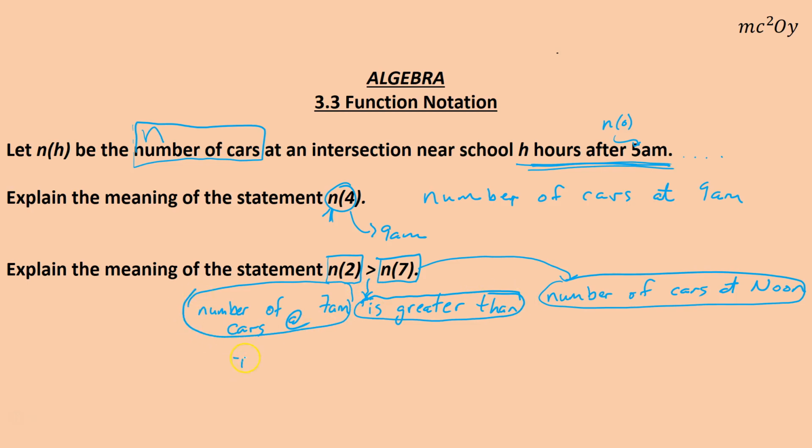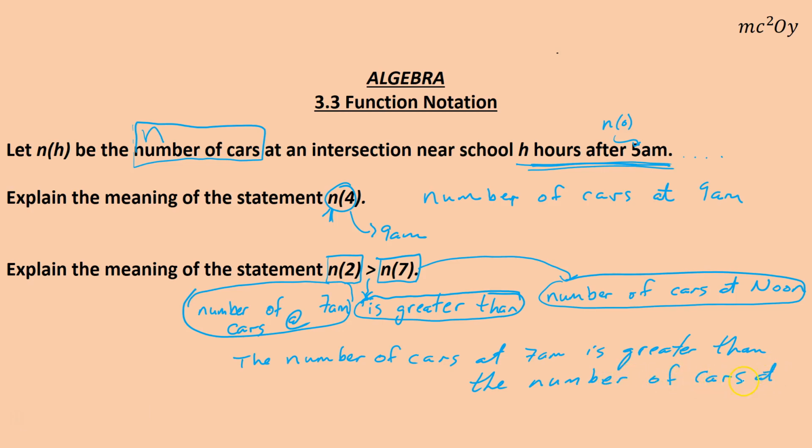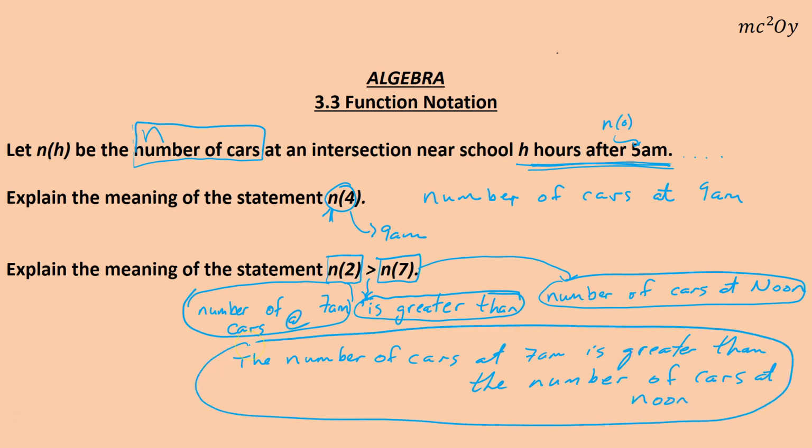So this would read the number of cars at 7 a.m. is greater than the number of cars at noon. All right. There you got it. All right, well, that's about it. Good luck.